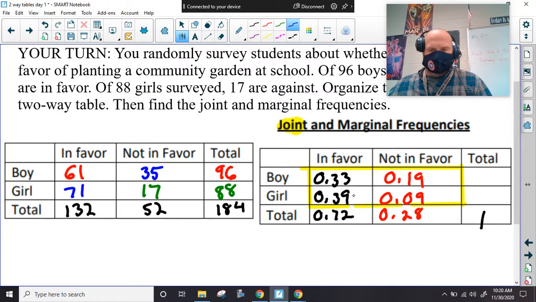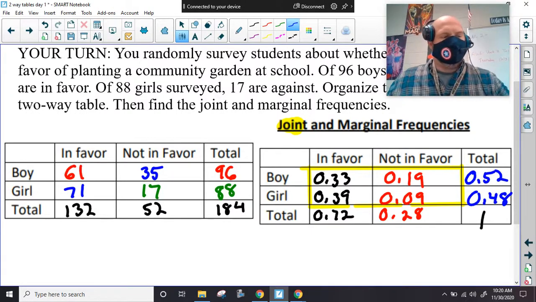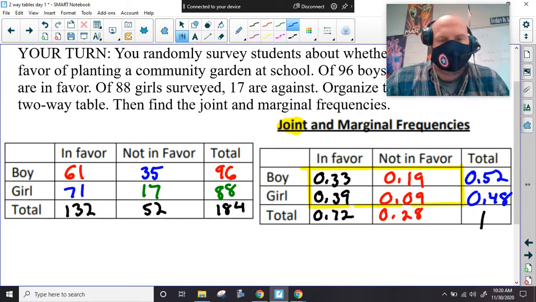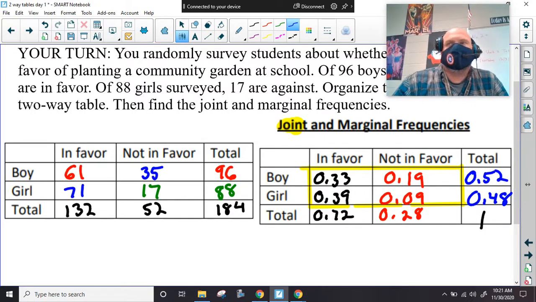This one across here, 33 plus 19, 0.52, 0.48. So that's basically what we have here. And then we're going to use just filling in the chart and going on.